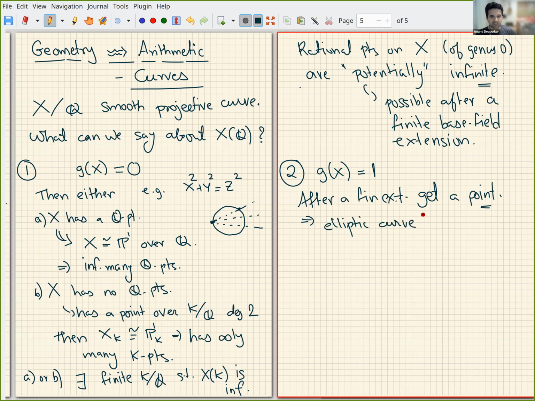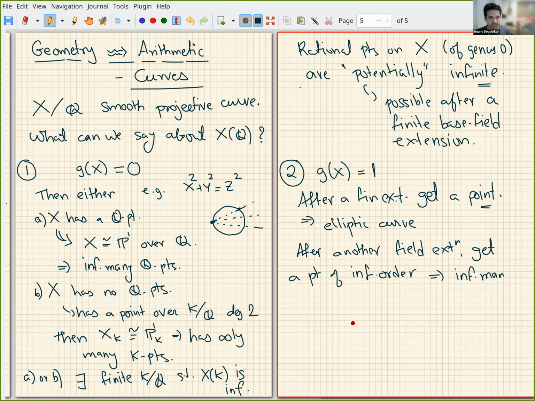It may happen that the set of rational points is finite. But you can always make another base extension so that you get a point of infinite order, and you get infinitely many points. So in this case also, you have a potentially dense, potentially infinite set.